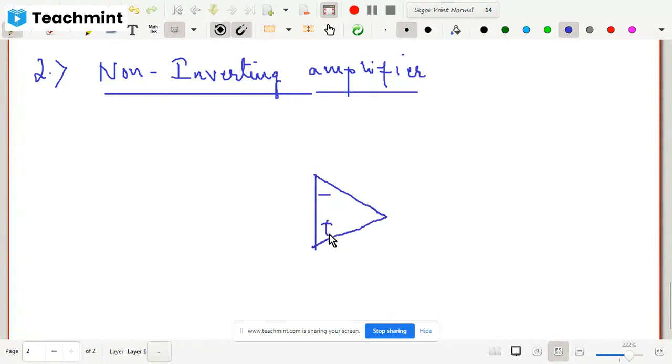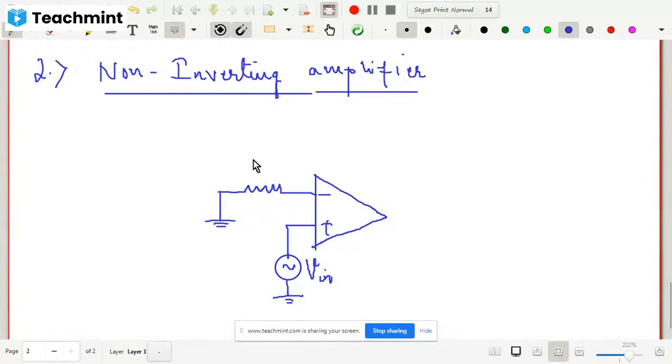This is my minus and plus terminal. Now the input would be given here. Let us say this is my input V in. And the other is grounded. And let's say we have some resistance here, and then it is grounded. No potential is applied here to the other inverting input.